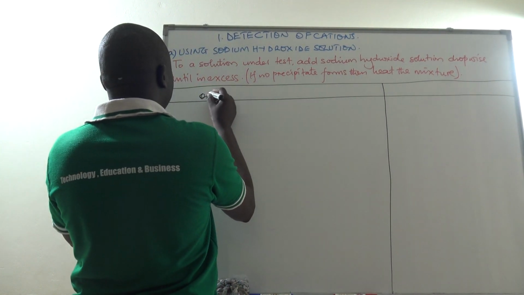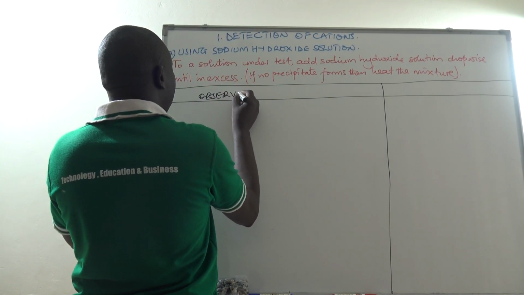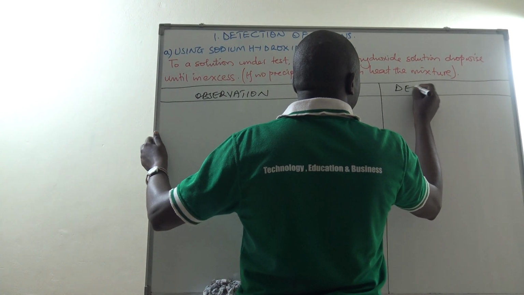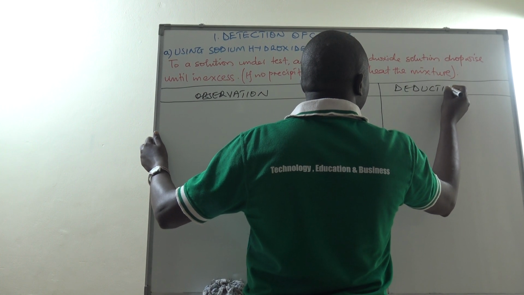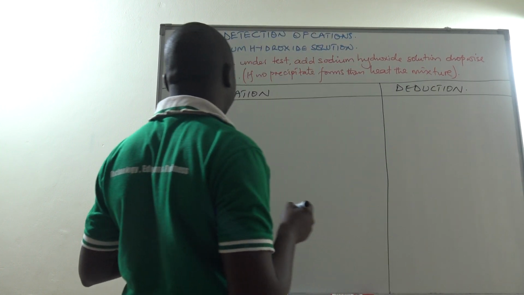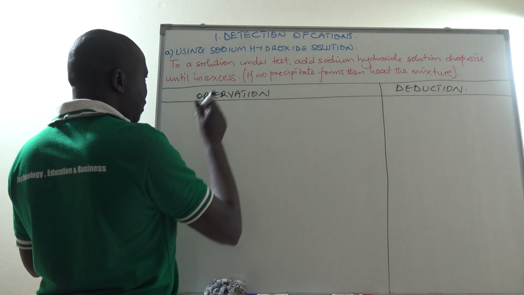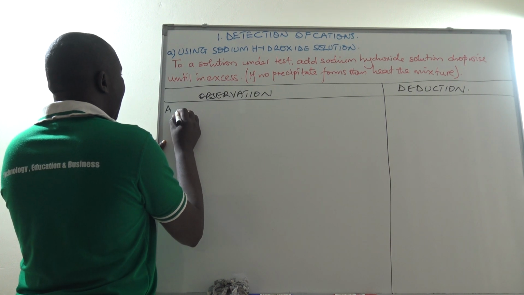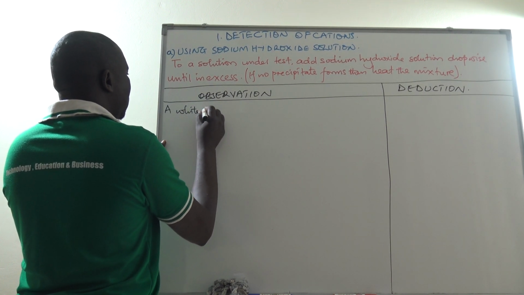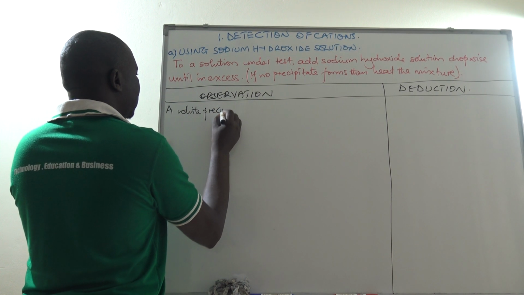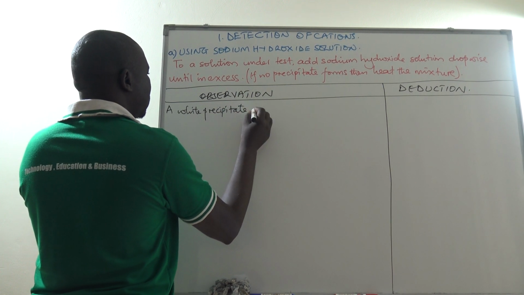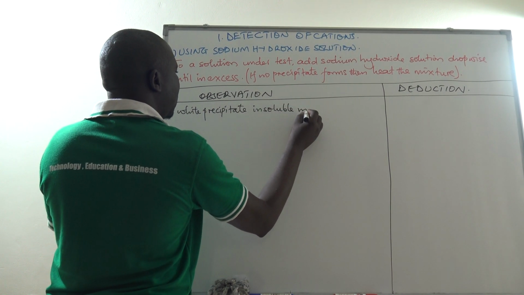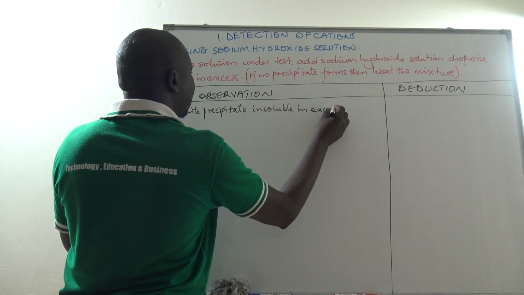So I will have observation and then the deduction. Observation and then deduction. So I may have, if I've got a white precipitate insoluble in excess.